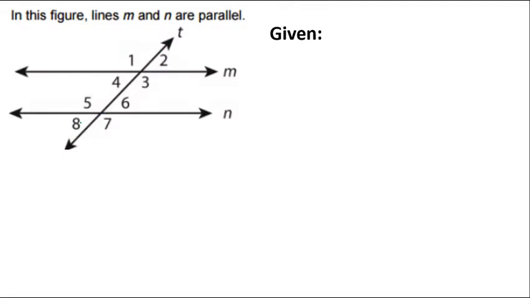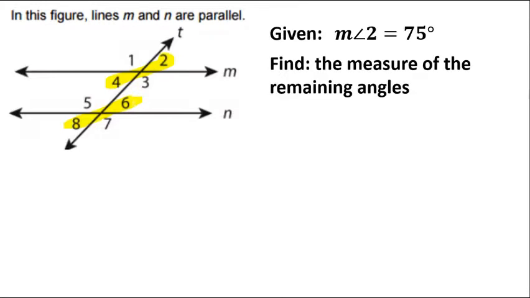Okay, so still working with the same diagram. What's given to you when you're going to work out a problem is that the measurement of angle 2 is 75 degrees. So if angle 2 is 75 degrees, that means that this angle here is 75, which means that this angle here is also 75. So these 2 are 75, which means that these 2 are also 75, because all 4 of those angles are congruent. So what they're asking you here is to find the measure of the remaining angles.